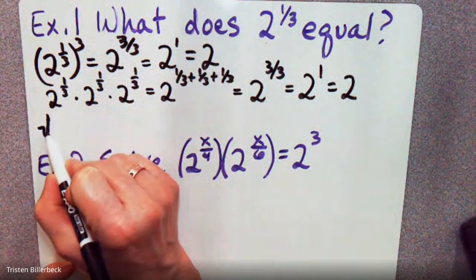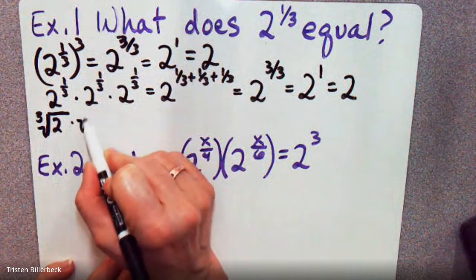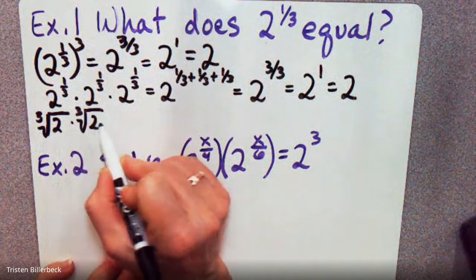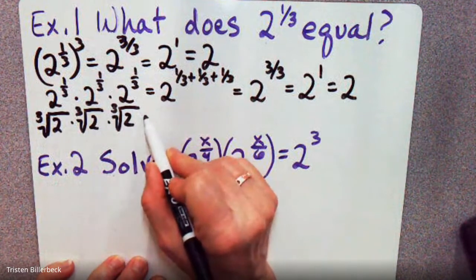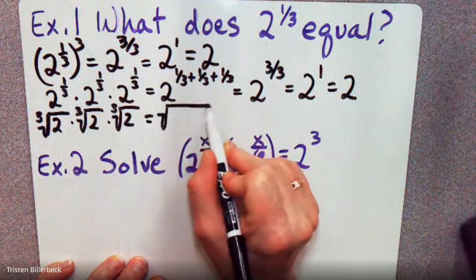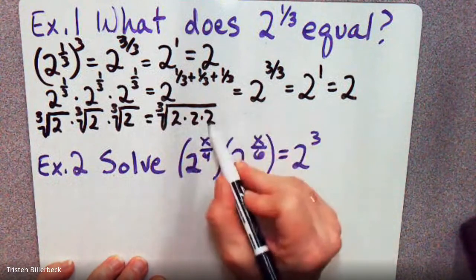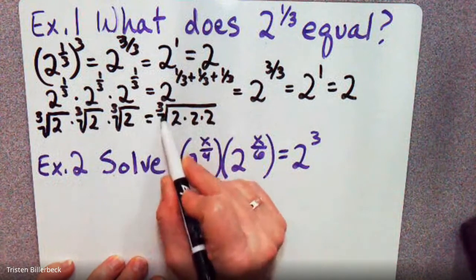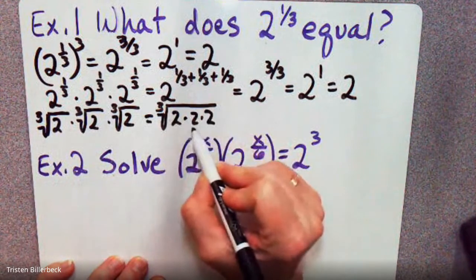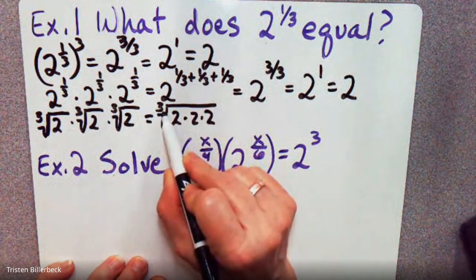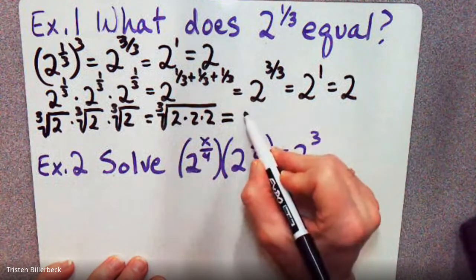So if we have the cube root of 2 times the cube root of 2 times the cube root of 2, that should equal the cube root of 2 times 2 times 2. Well, we know the index says you can't leave the safe house. That neighborhood's getting pretty bad. You can't leave the safe house unless you leave within a group of 3. We have a group of 3, so this ends up being 2.